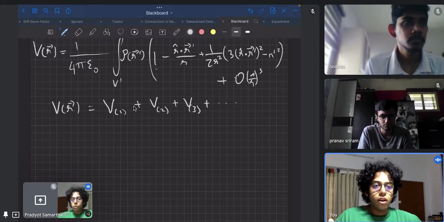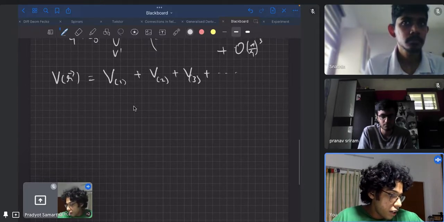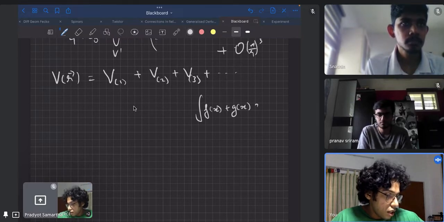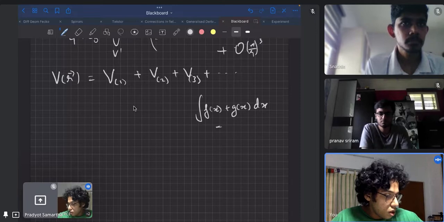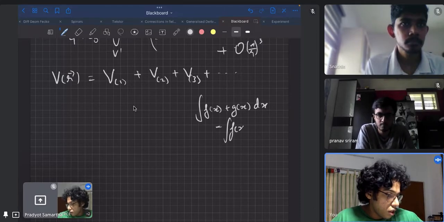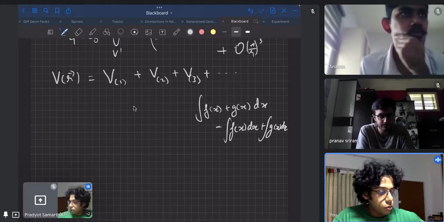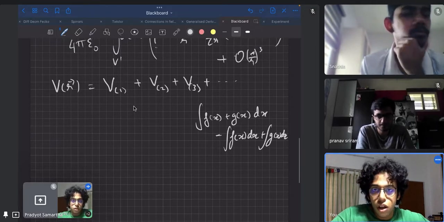How does this work? It's simply because the integral of f of x plus g of x dx is equal to the integral of f of x dx plus the integral of g of x dx. So basically we can just expand this in terms of that.